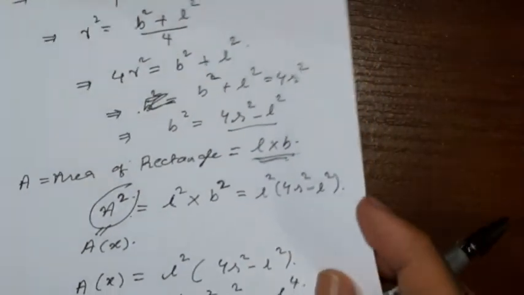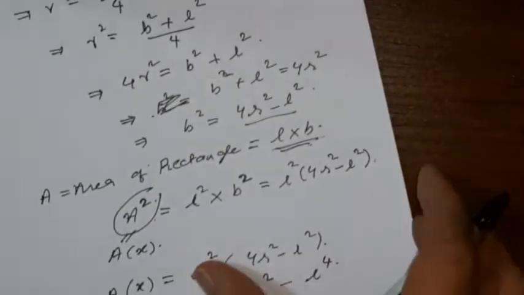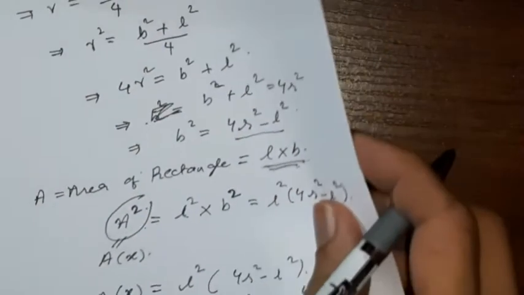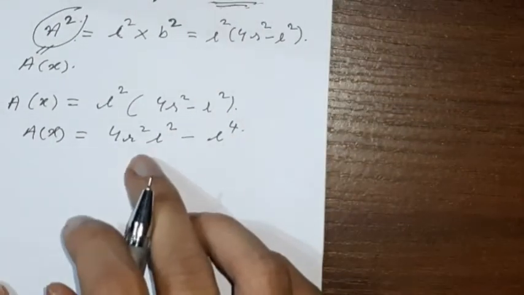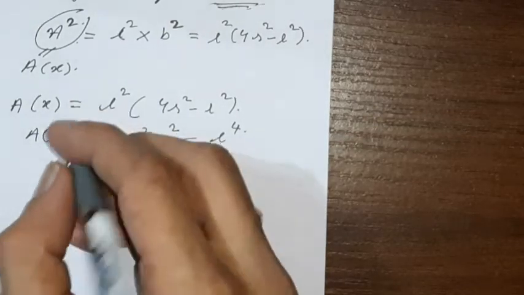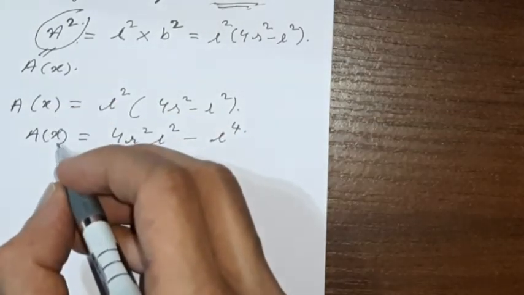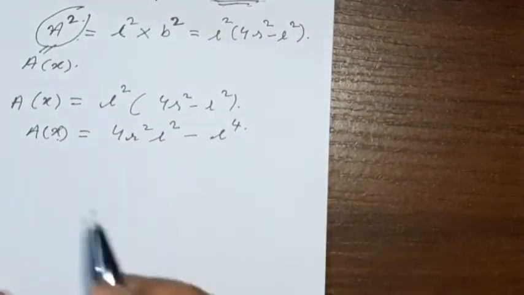This is what we have. So this is the function A(x) that we have to maximize, or the function for which we have to find L, the L at which the function is maximum.